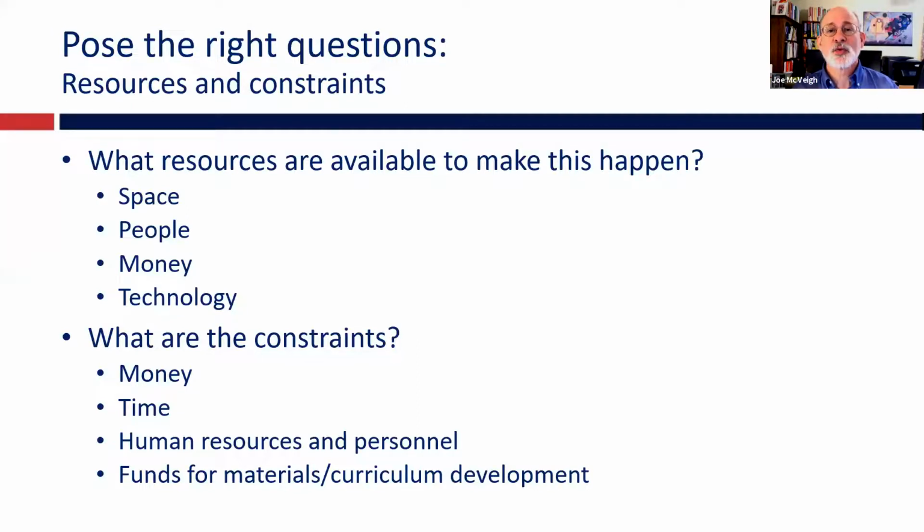Maybe you have a great idea, but there's not enough money to pay somebody to develop that. Another difficulty is time. Often people want something to happen very, very quickly. You don't have the time that you need to put it together. And then of course, human resources and personnel, which is another way of saying people. Do you have the people who can do that?